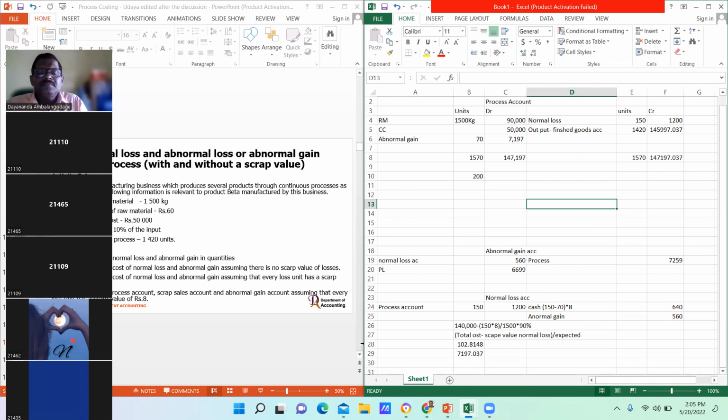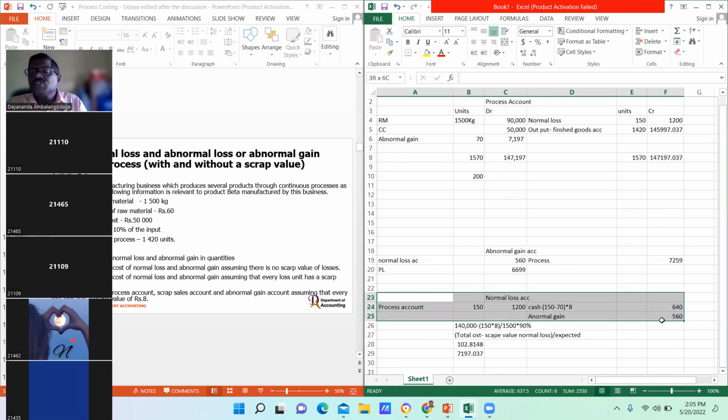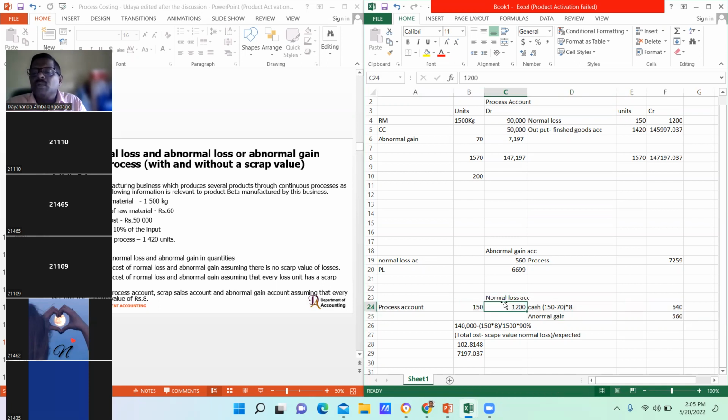Okay, right? So thereby, in an abnormal gain situation, remember, normal loss account is not balancing. There is a gap between process account debit amount and the cash received. That gap will be transferred not to the P&L, the gap will be transferred to the abnormal gain account. That is the logic. So the balance would be charged to the P&L account as a benefit, as a gain to the income statement.